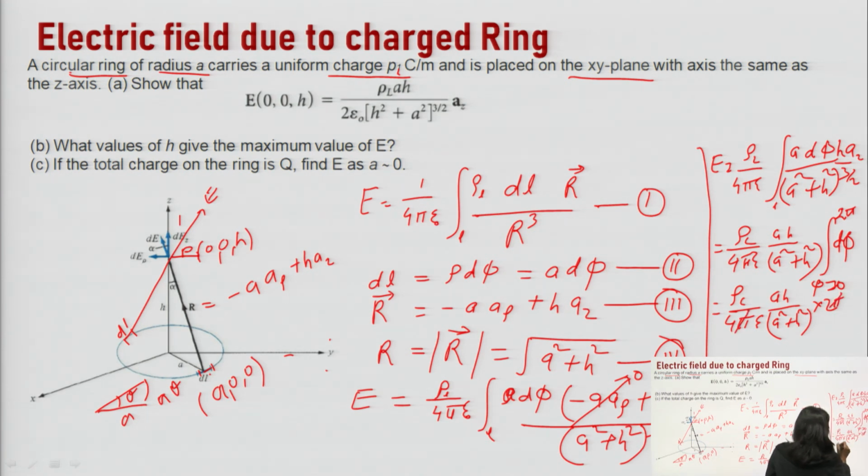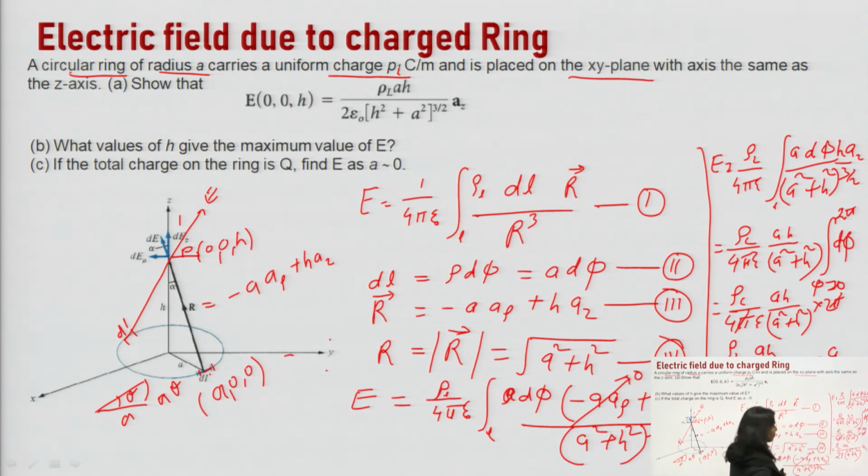Now this pi and this pi will cancel out and we will get finally rho L A h by 2 epsilon (A square plus h square). This is the final formula for an electric field due to a charged ring at a point P. So here is the same thing which we have got, so it is proved.